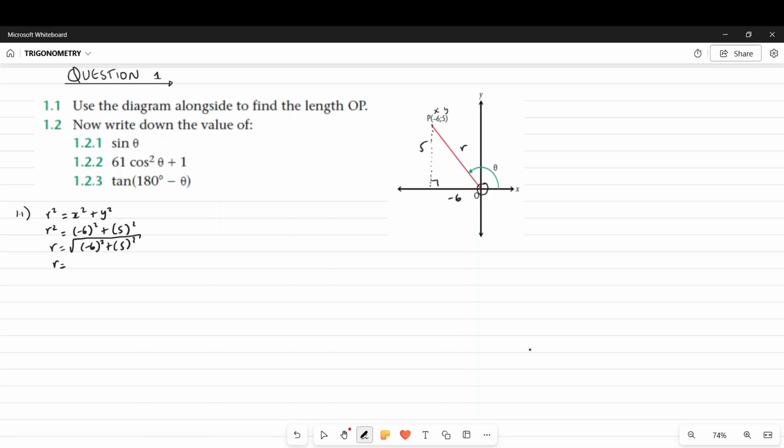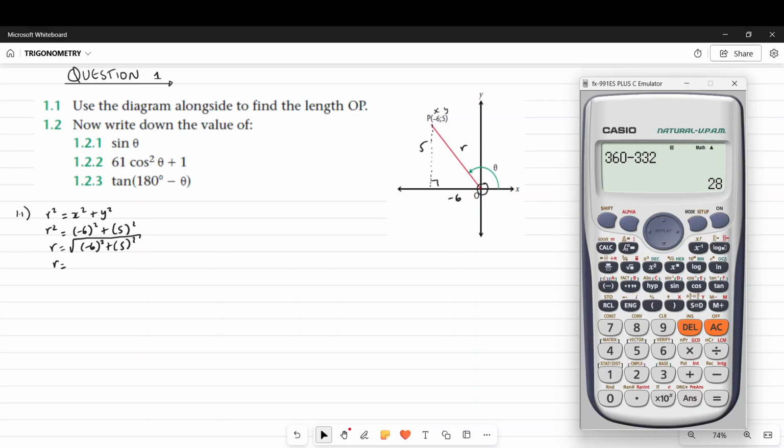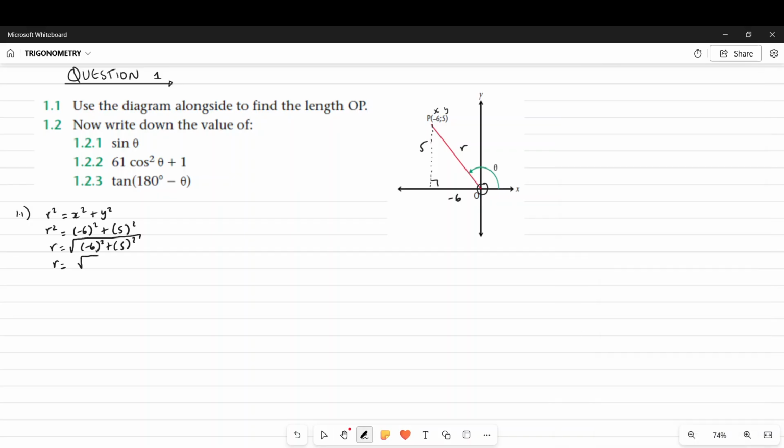Now you can take out your calculator: square root, open bracket, -6 close bracket squared plus open bracket 5 close bracket squared, which will be equal to square root 61. And remember, you leave it in surd form. Do not try and write this in decimal form. Leave it as it is, so we got that as our final answer.